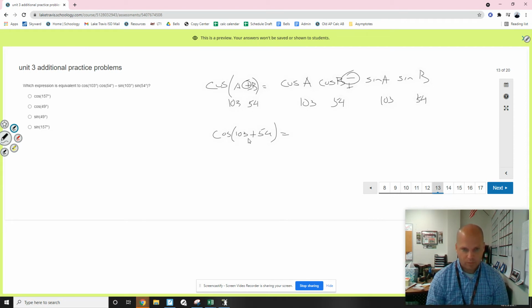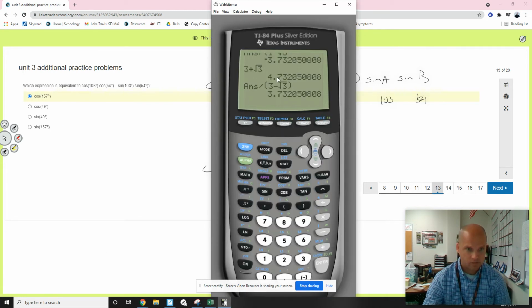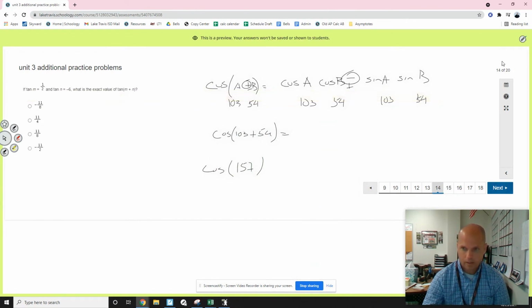And then 103 plus 54 is 157, cosine of 157. If this was a calculator question, type this into your calculator in degree mode, and you get the same value. I don't think it will be a calculator question. Switch your mode to degree, type it in. Probably not going to be a calculator question.